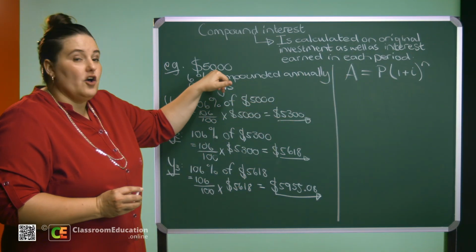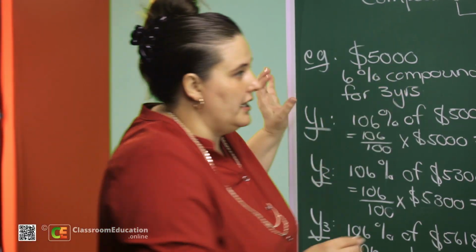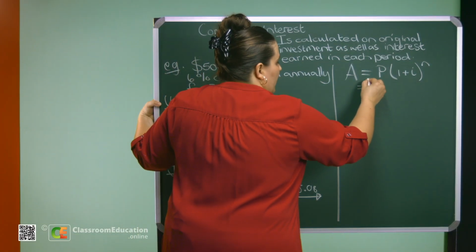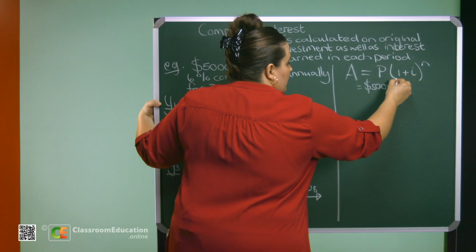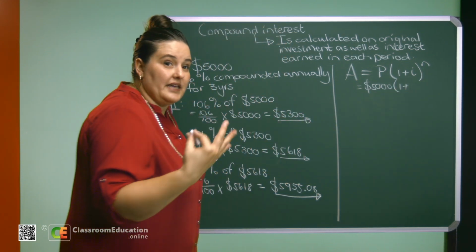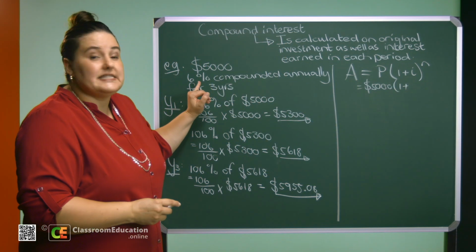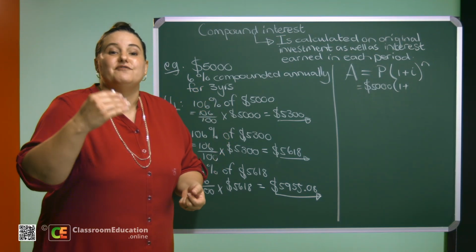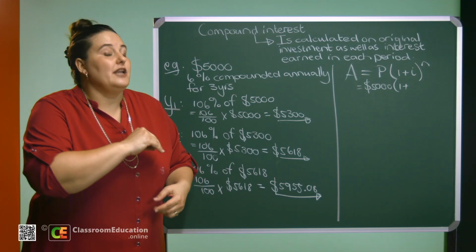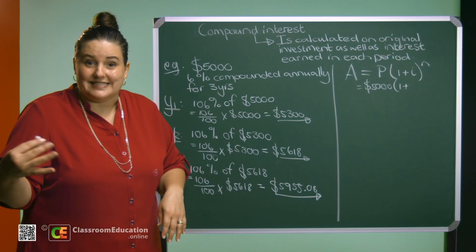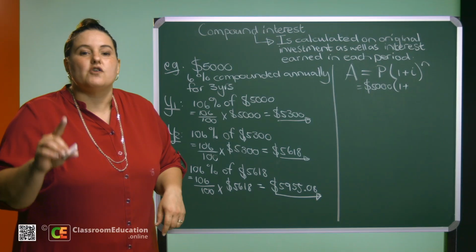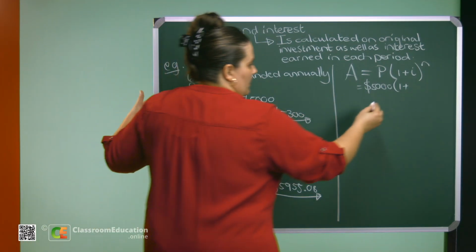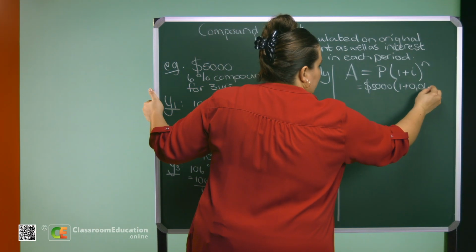So we started off by using $5,000. That will be $5,000 times (1 plus... and what is the interest rate? It is 6%. And do you remember what percentage is? 6 divided by 100. And what is 6 divided by 100 as a decimal number? 0.06. So 0.06.